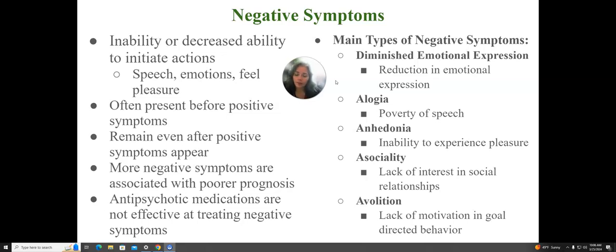Asociality. So they're not really interested in engaging in social relationships. They're not showing any connection to other people, even people that they love and find comfort in. My brother didn't respond to me when he was in the psychiatric ward. Abolition, or a lack of motivation in goal-directed behavior, something as simple as dressing themselves, bathing, or going to the bathroom.